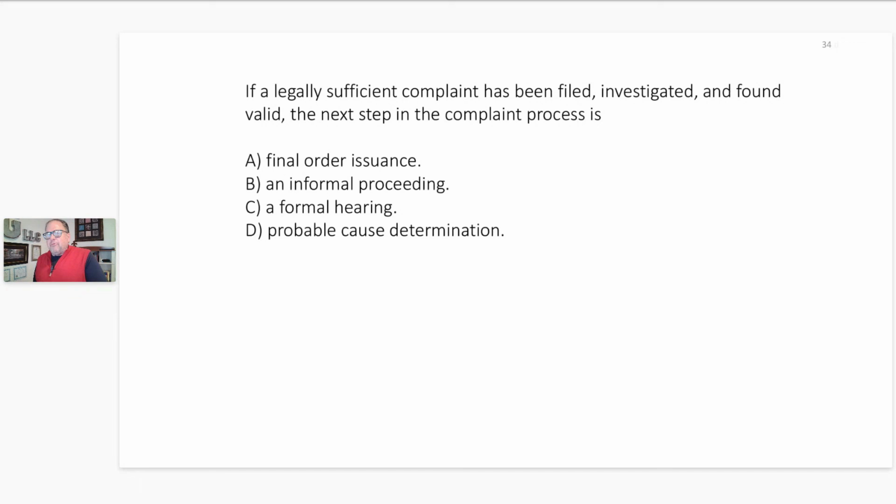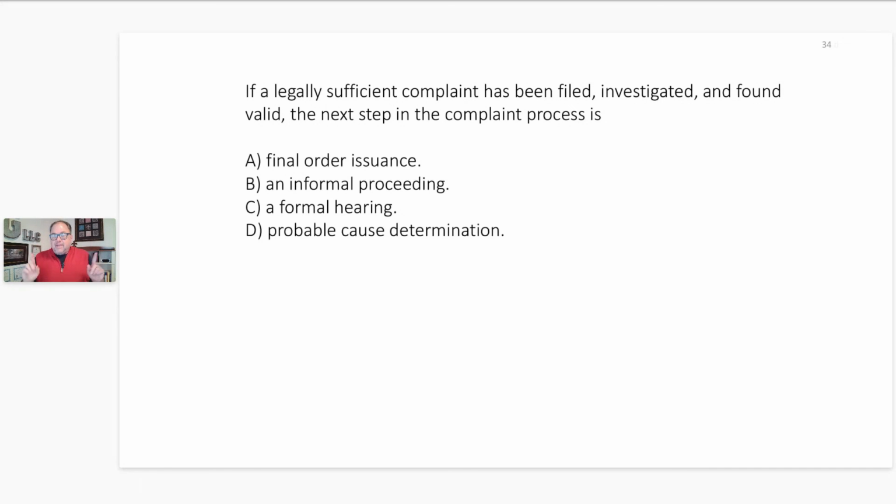Remember, after the probable cause panel determines it needs to go further, they will issue a formal complaint to the licensee, and the licensee has 21 days, called the election of rights, to choose to have an informal hearing or a formal hearing.